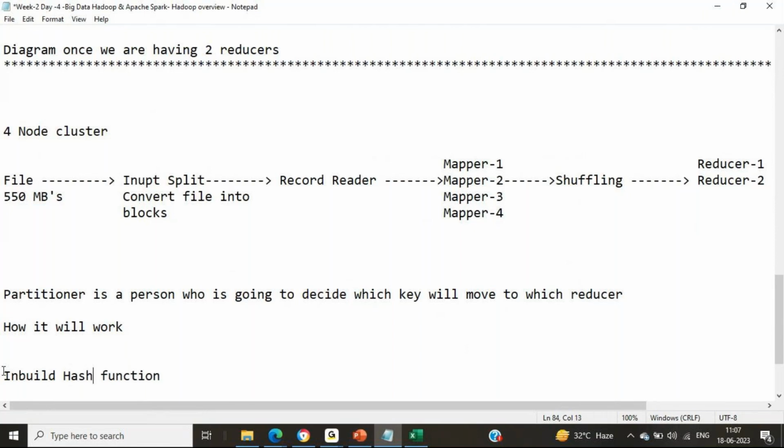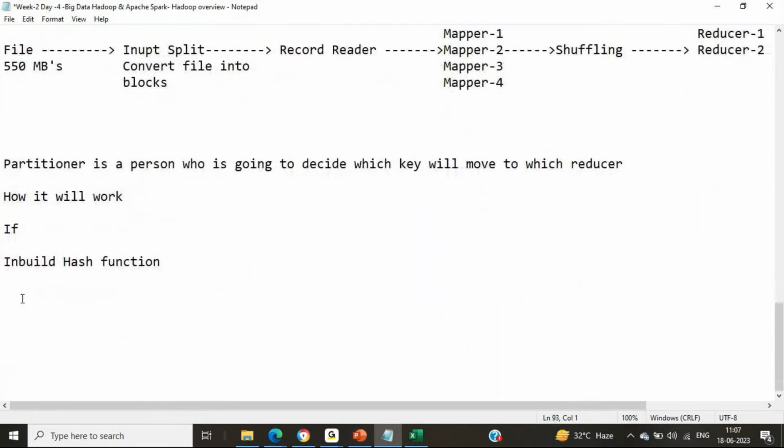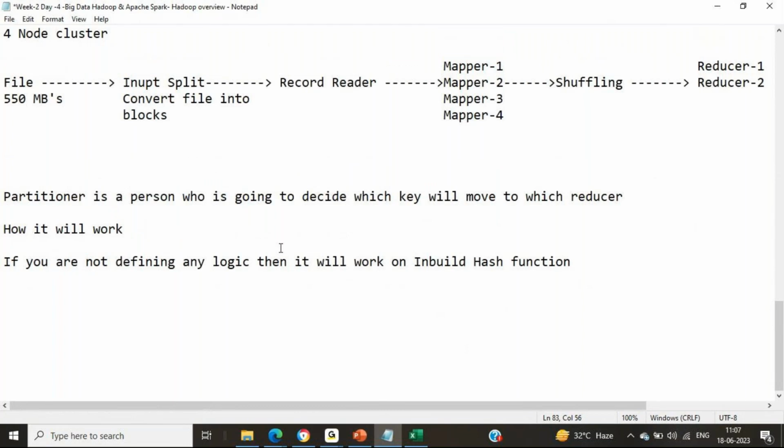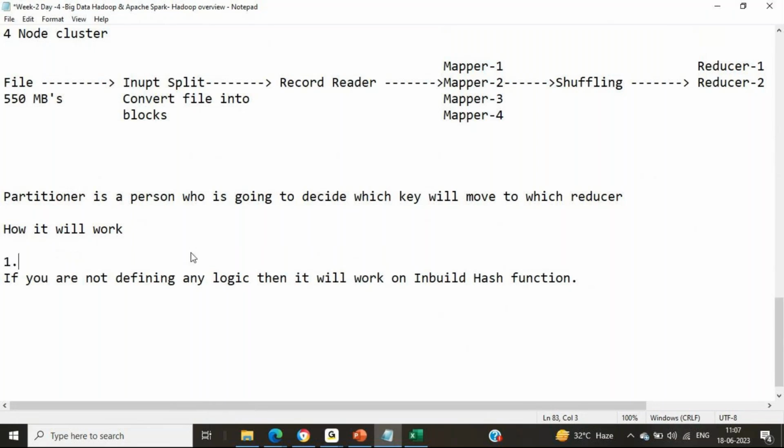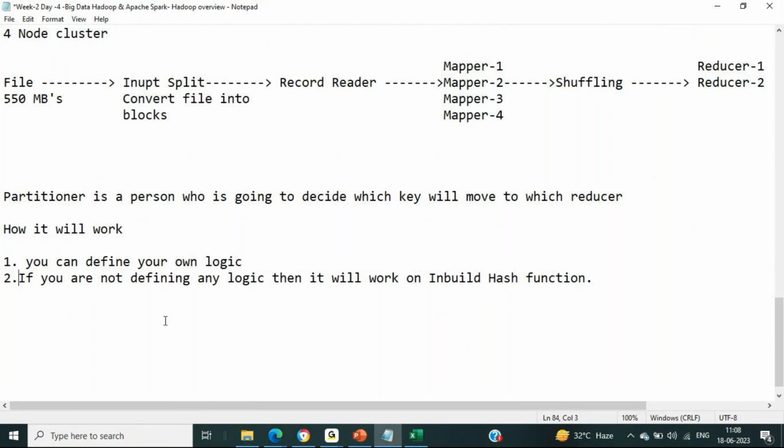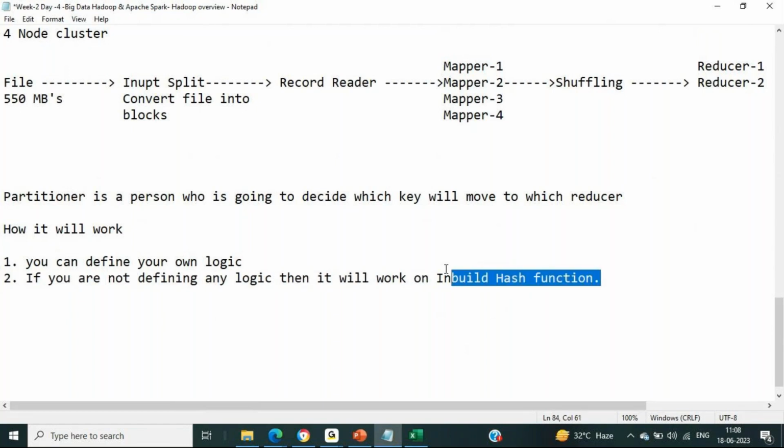First, you can define your own logic. Second, if you are not defining any logic, then it will work on the inbuilt hash function. So, what is the meaning of hash function over here?